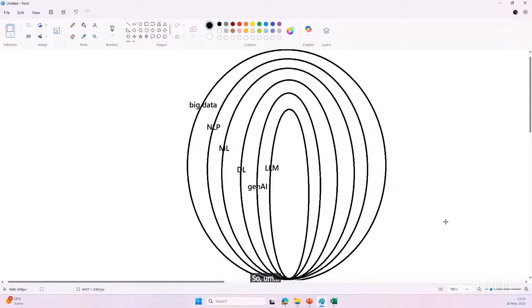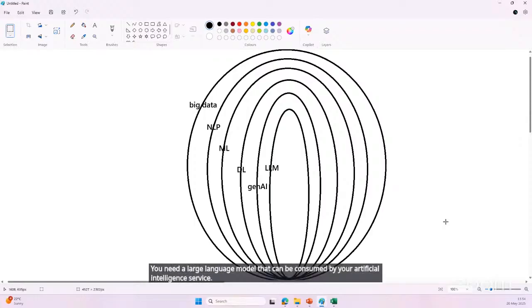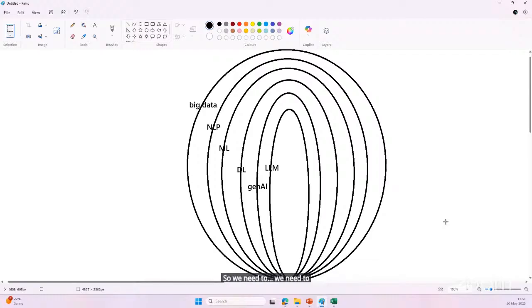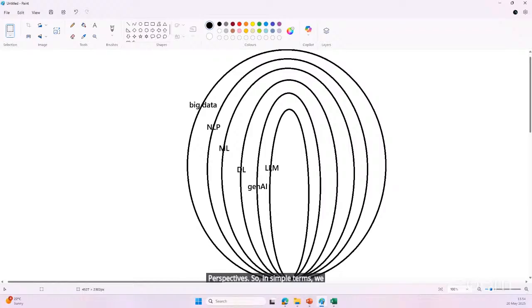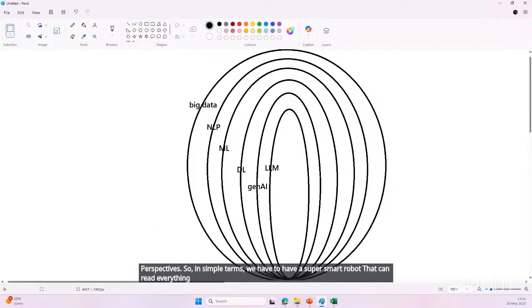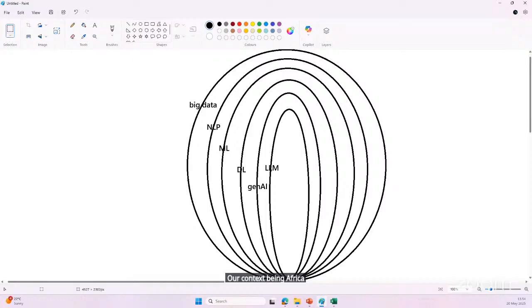The answer was quite simple, as a matter of fact. You need a large language model that can be consumed by your artificial intelligence service. So we need to have a large language model that provides the context of Africa rather than relying on large language models that provide the context from European or North American perspectives. So in simple terms, we have to have a super smart robot that can read everything associated with our context, being Africa, and not the entirety of the internet.